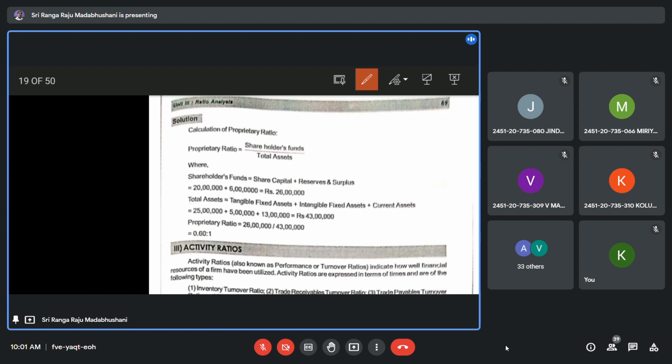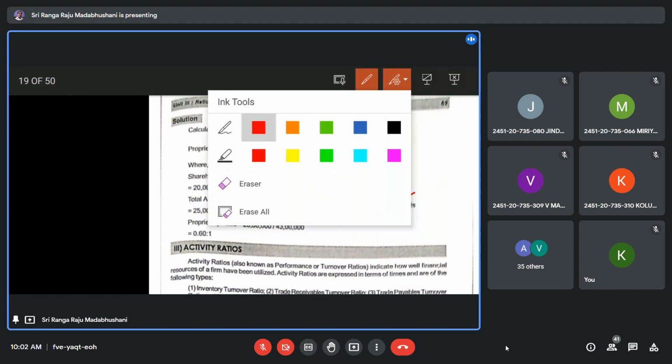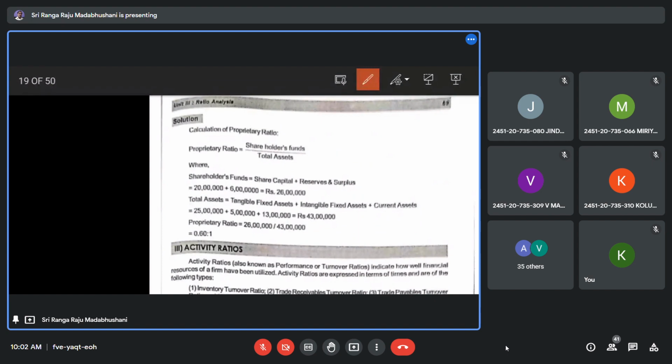So shareholders' fund by total assets: shareholders' fund, share capital, reserves and surplus, 26 lakhs; tangible, intangible, current assets, total assets 43 lakhs. 26 by 43, 0.6 is to 1. Proprietary ratio. Financial position of the firm is satisfactory.